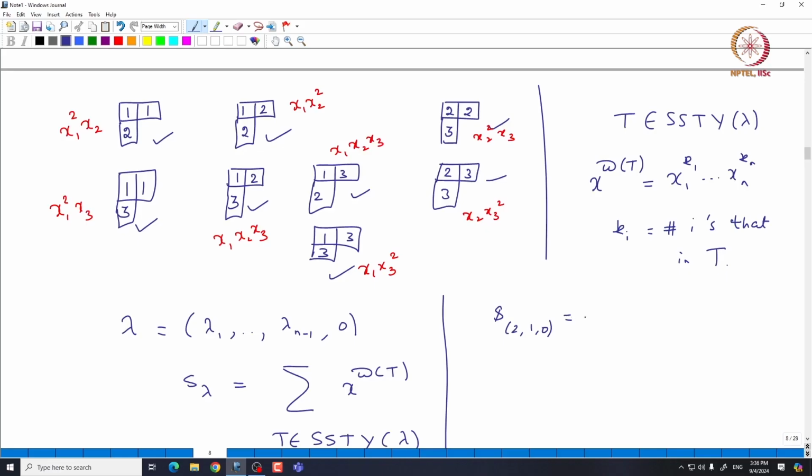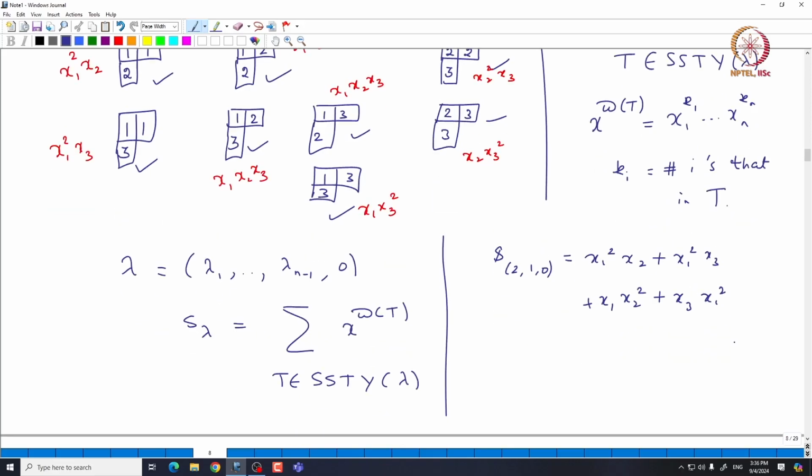This is going to be x1 square x2 plus x1 square x3 plus x1 x2 square plus x3 x1 square plus twice x1 x2 x3 plus x1 x3 square. Oh, sorry, I have written the same here, x1 x3 square.